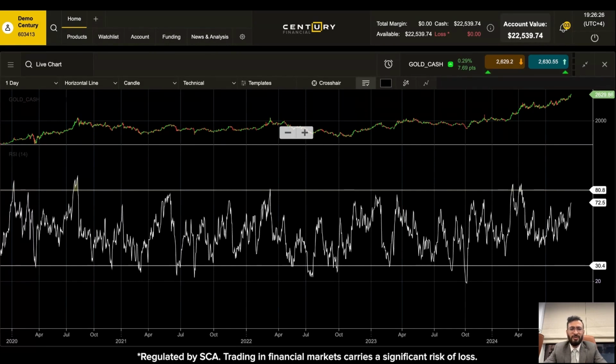Longer term position traders use a period of 20 to 30. But again, the idea is that this can be applied as a strategy, and this can be done on a shorter term chart or a longer term chart.